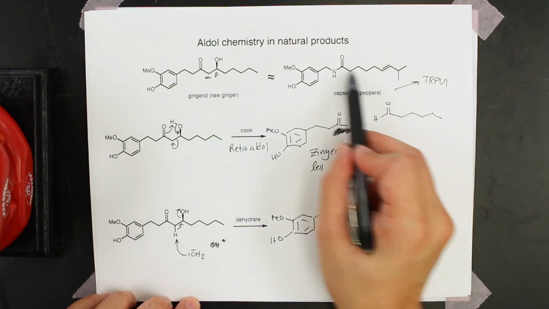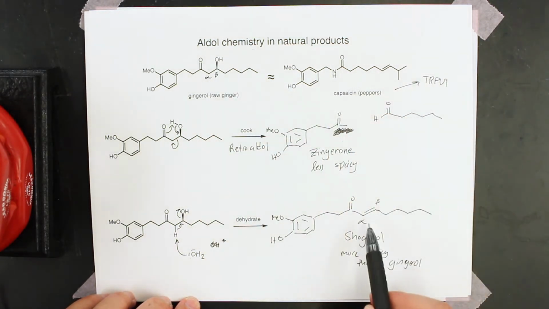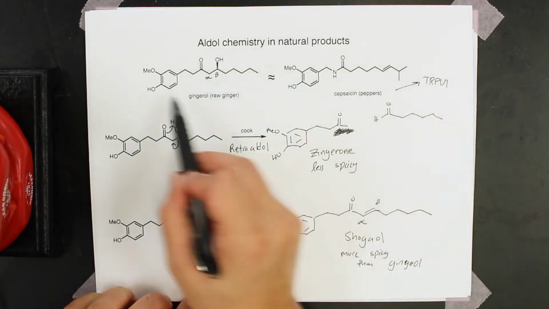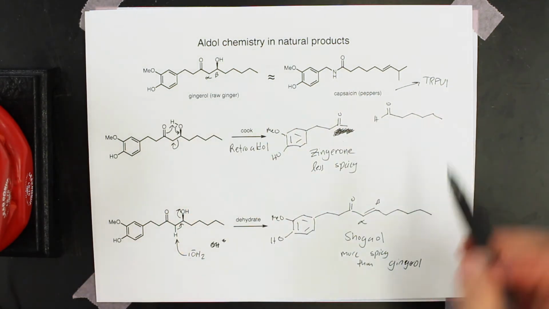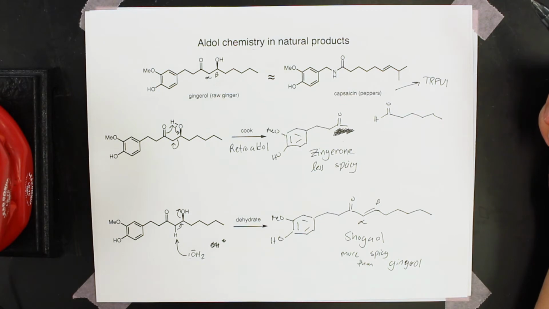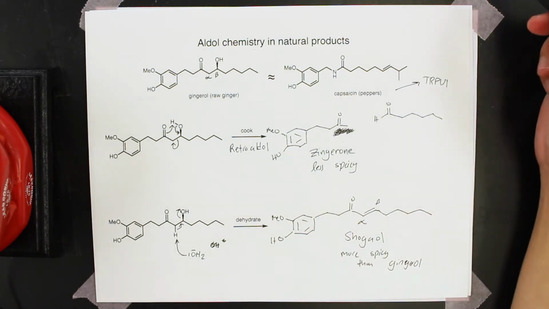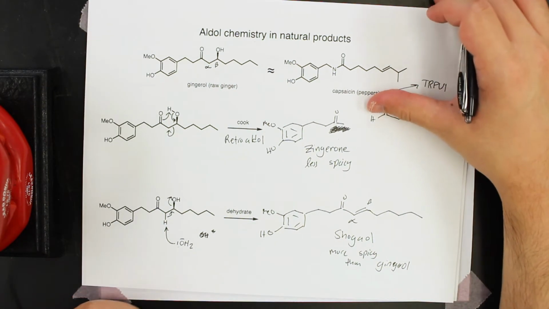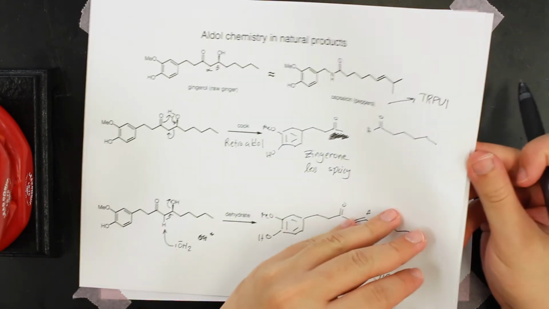And that's because capsaicin lacks this OH group. So you can sort of envision that this is structurally similar to capsaicin versus the gingerol, and is actually more spicy. So if you make ginger snap cookies or something with baked ginger, it actually has some of that spicy quality to it that you don't get with cooked ginger. So some cool aldol chemistry is definitely relevant in our daily lives.